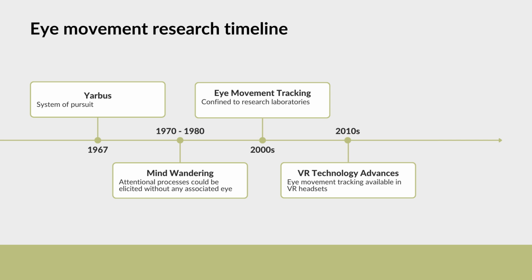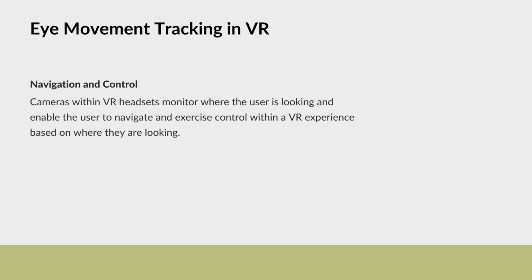Since the late 2010s and the maturing of virtual reality technology as well as eye tracking technology, a significant amount of research began to arise relating to the application of eye movement tracking in virtual reality. One of the main domains of eye movement tracking in virtual reality was the use of eye movement tracking to navigate and control virtual reality experiences.